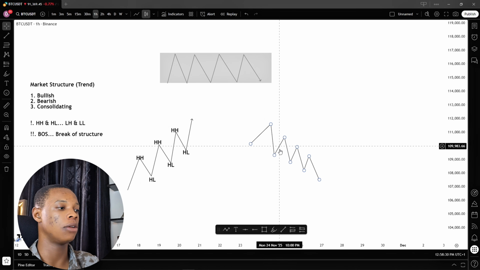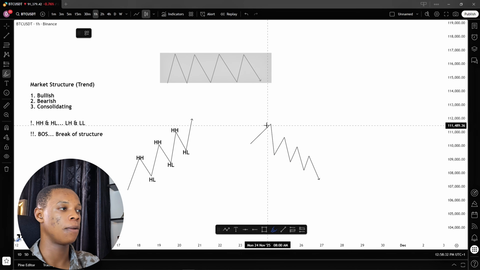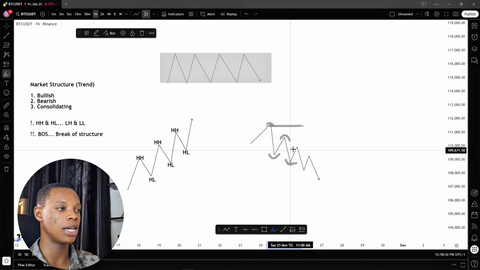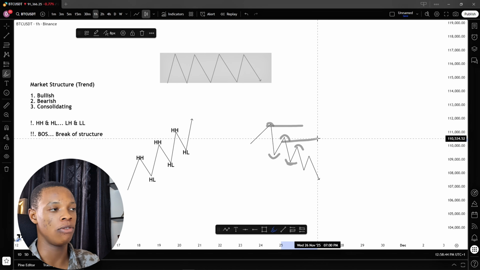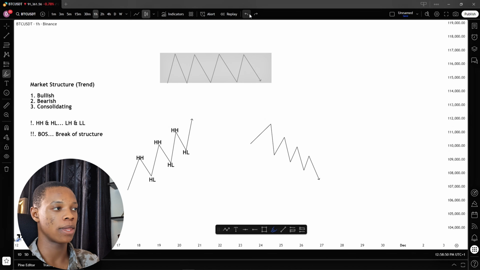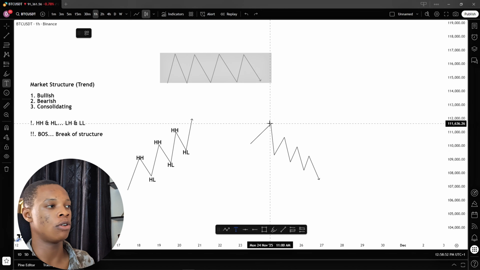Now for a bearish move, you can notice this was a high, then it was a low. The next low that was created was a lower price, a lower low. Then this was a lower high, lower than the previous one. The next high was also lower than the previous high. So it's creating lower highs and lower lows, showing that this market is bearish.